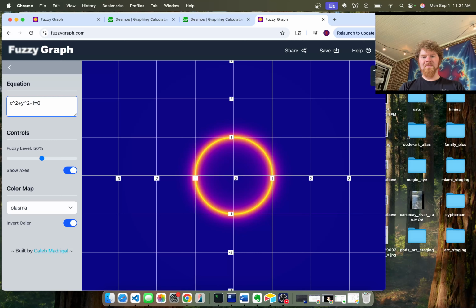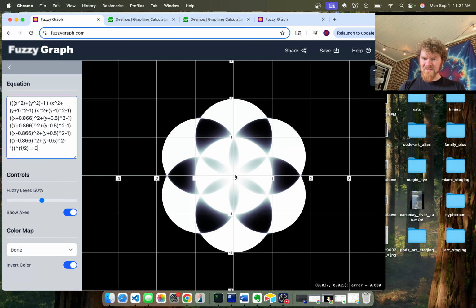So now the question is, how can we have more than one circle? One other thing first about the circle equation: you can change the center of the circle. Ultimately, to do the seed of life like this, we're going to want 7 circles, one in the middle and one right above.